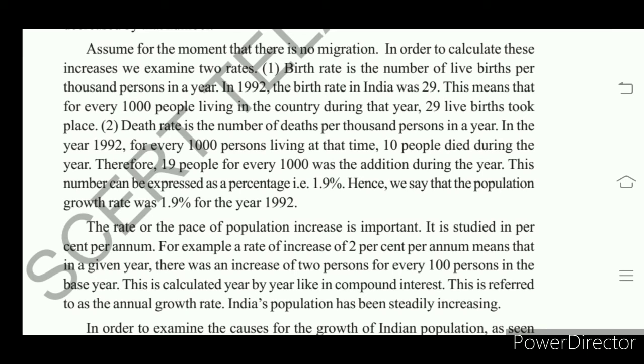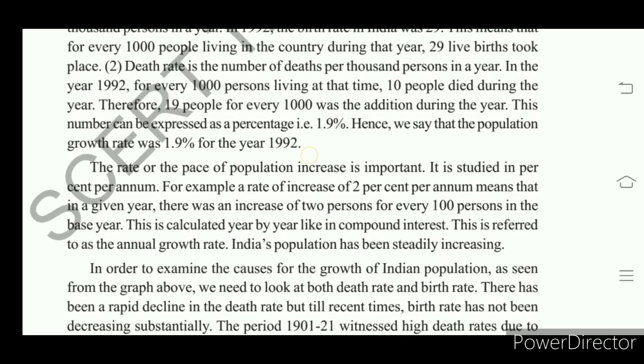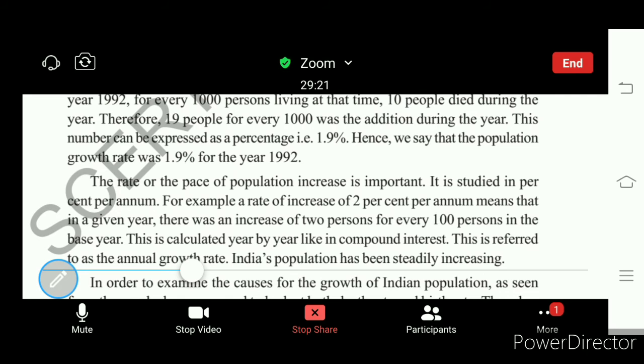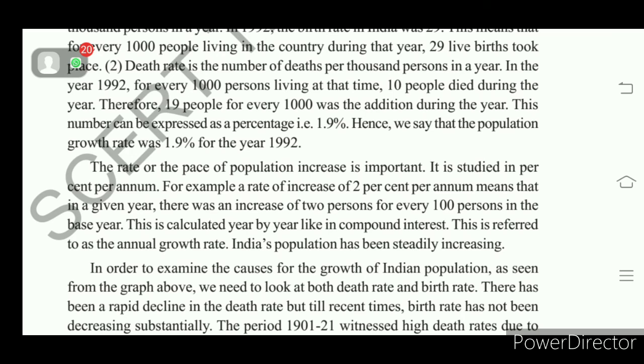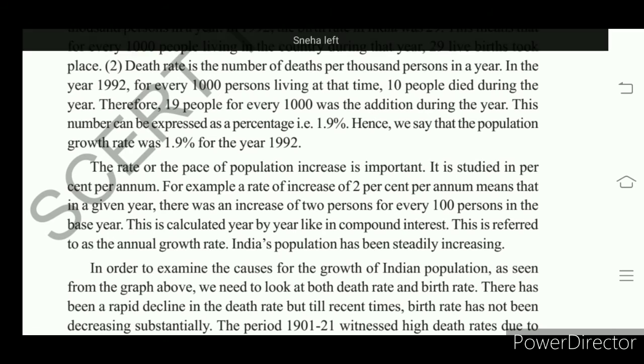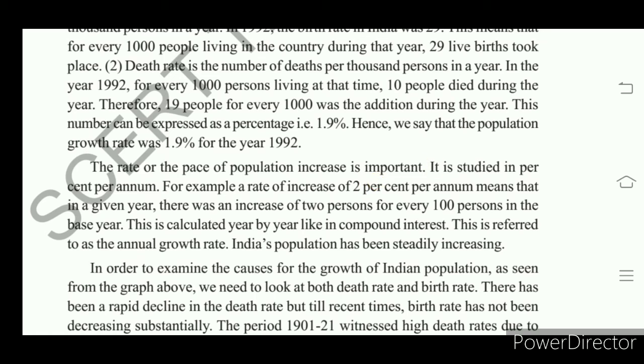Then the rate or the pace of the population increase is important. Understand? It means in what manner the population is increasing. Okay, and it is studied in percentage. To know at what rate the population is increasing is very important. So this can be expressed in percentages. For example, the rate of increase of 2 percent per annum.